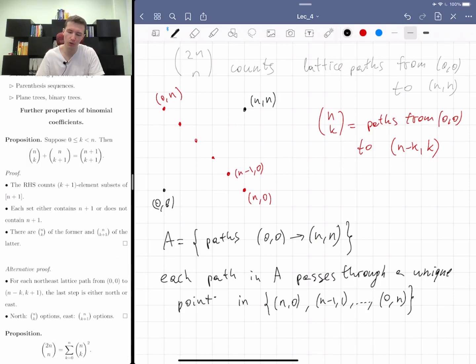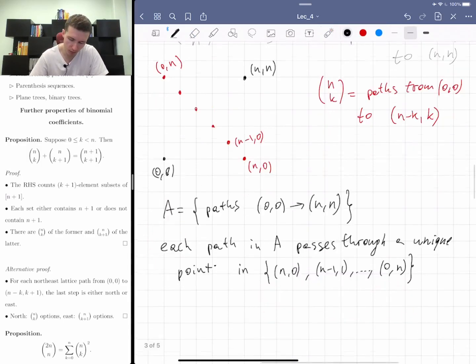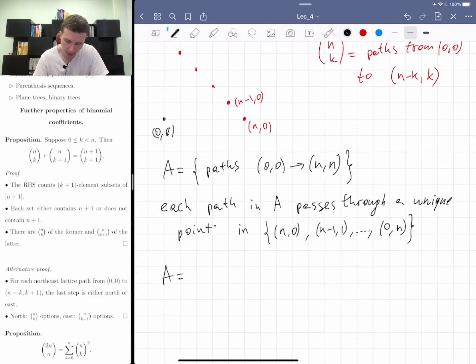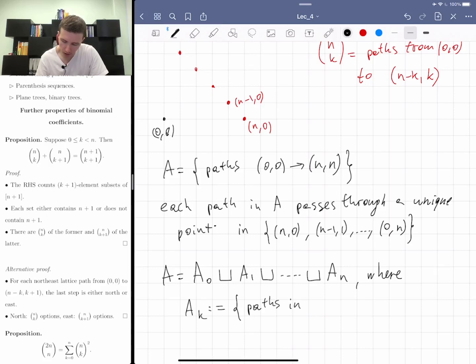So in other words, this set A is going to get split into subsets. A is a disjoint union of A0, A1, and so on, all the way up to An, where A sub k is by definition the paths in A which go through the point n minus k comma k.